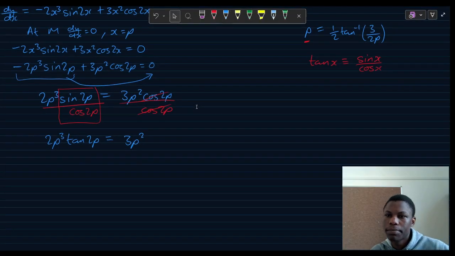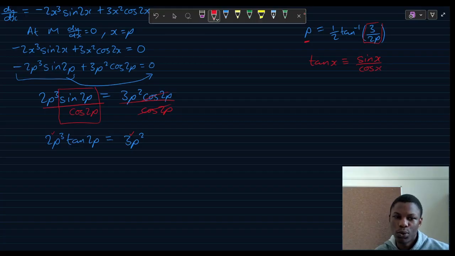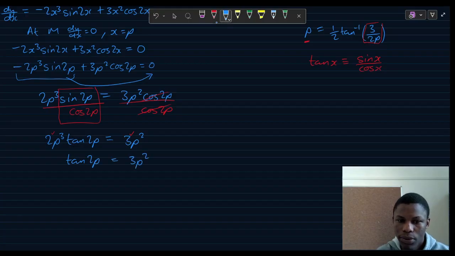And here, in the brackets, you notice that we've got 3 over 2p. So it makes sense. I can see this 3 and I can see this 2 here. It makes sense for me to divide both sides by 2p cubed. So I can say tan 2p is equal to 3p squared over 2p cubed.